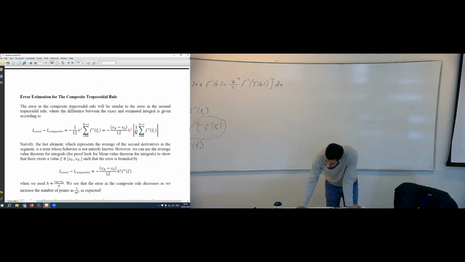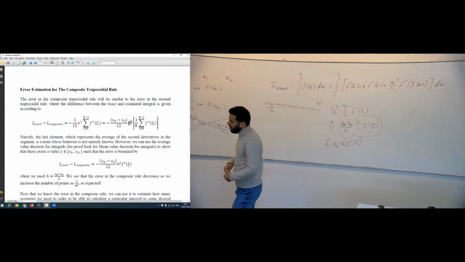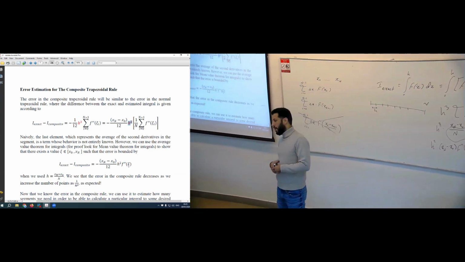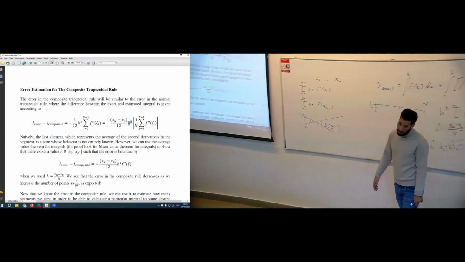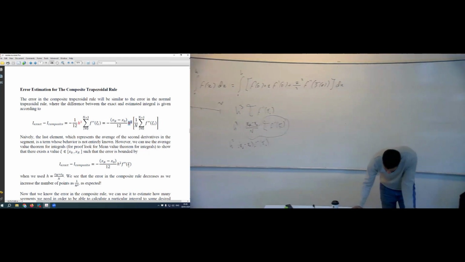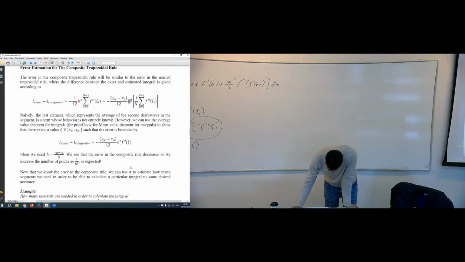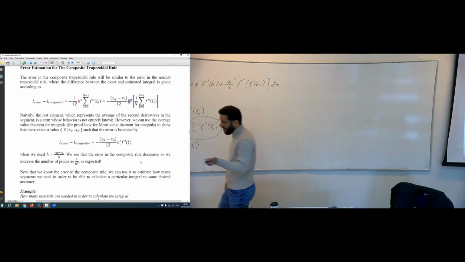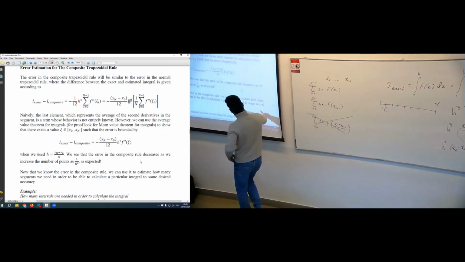That the error goes like h squared. And when we say that it goes like h squared, we can alternatively say that it goes like 1 over n squared, the number of the points or the number of the segments that we take. Why is it so important?